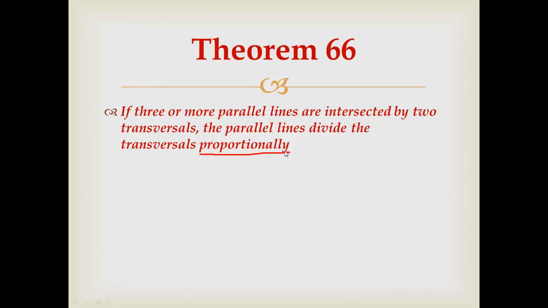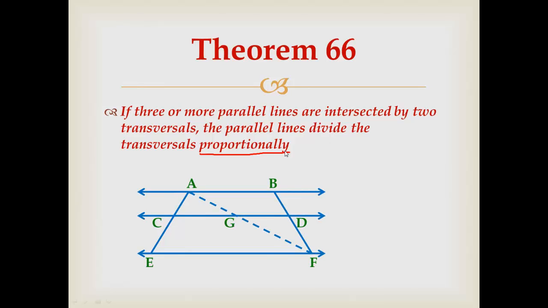This doesn't have a fancy name like the other one, but just as easy to figure out. So say we have this diagram, and we are told that AB is parallel to CD and EF, and we have the following measurements, 10, 5, 4, and we don't know what BD is.